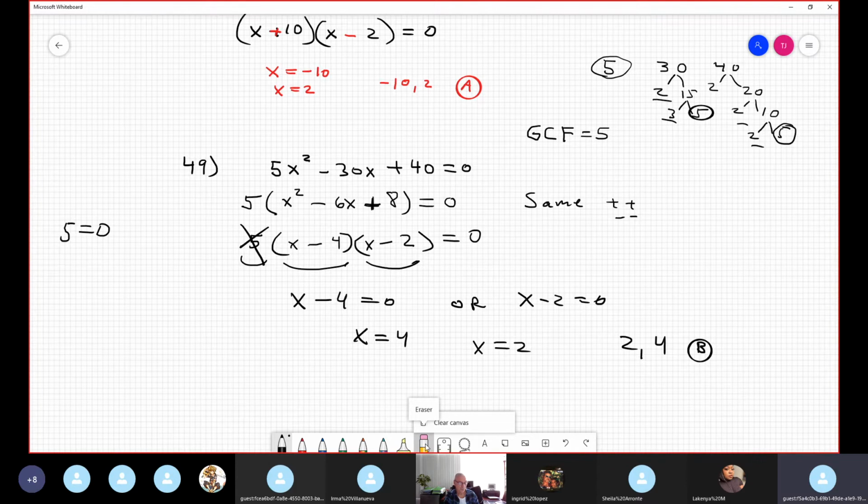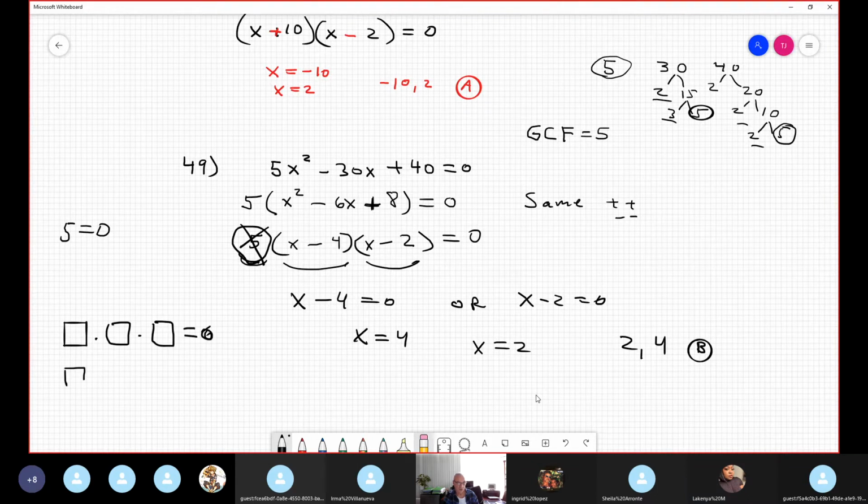Okay, Professor, thank you. So you just canceled out the 5? Your question is what is the reason I delete this factor? Okay, listen to me. Suppose we have 3 factors equal to 0. How are you solving this? You take the first factor equal to 0, the second factor equal to 0, and the third factor equal to 0.